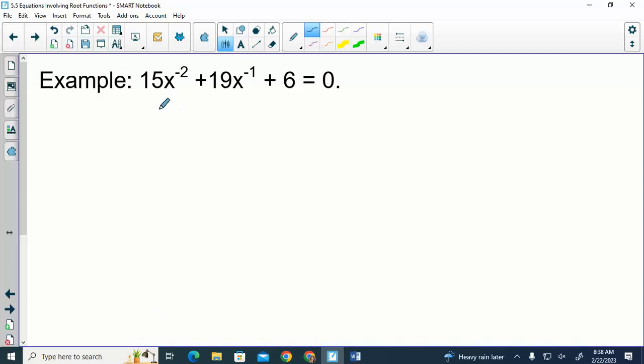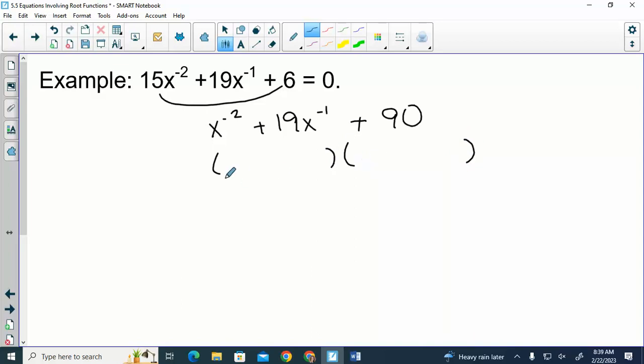Ooh, yeah. So 6 times 15 is 90. So if you factor that, x to the negative 2, what would that break into? Negative 1. Notice this variable right here should always be your middle term. Multiply to 90 and add to 19.